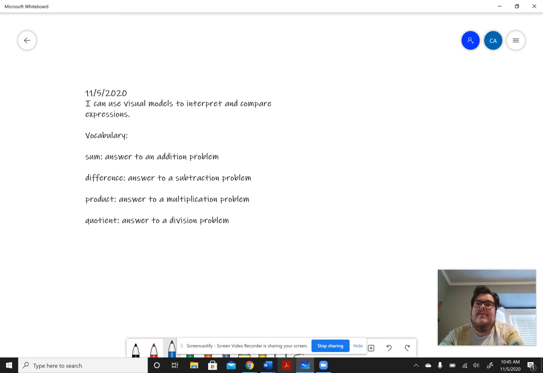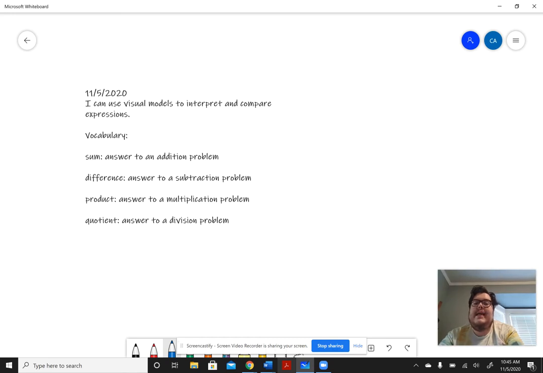Today, we have some key vocabulary that I'm sure you've heard before, but I just want to review it because you're going to be seeing it a lot today. Okay, so first we have sum. Sum is the answer to an addition problem. Difference is the answer to a subtraction problem.